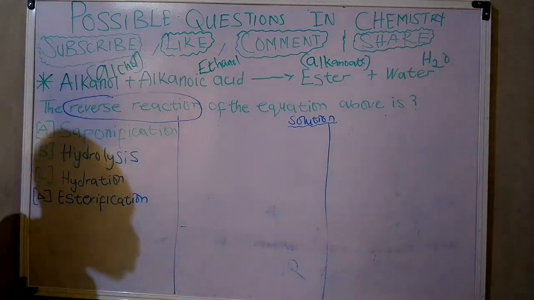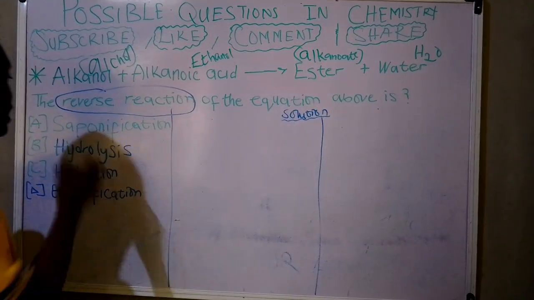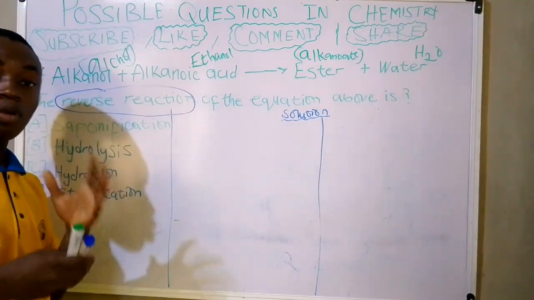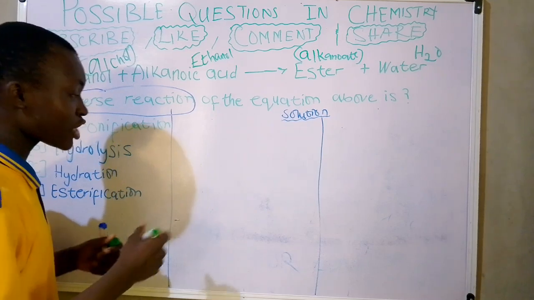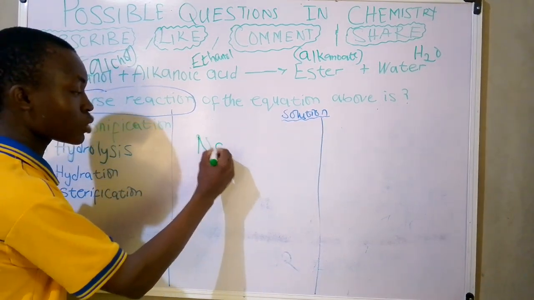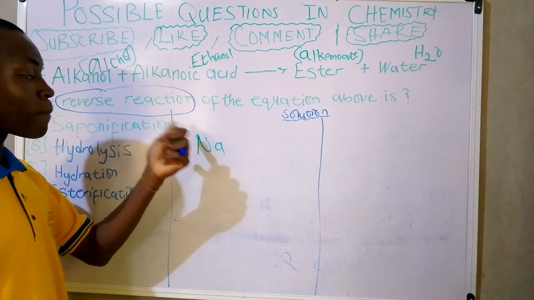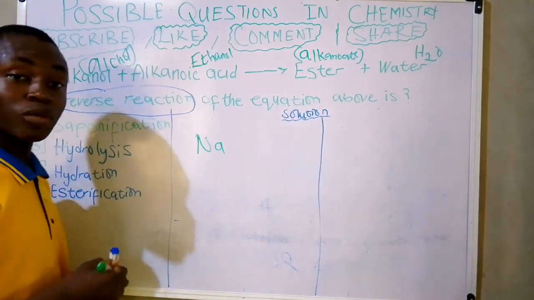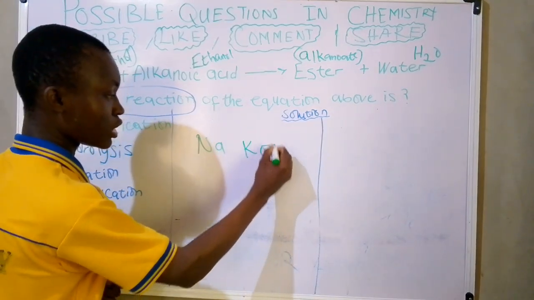Now let's move to option A, which is saponification. Saponification is simply the reaction between sodium metal or potassium hydroxide, with the formula KOH, plus a triglyceride, which is also known as fats and oils.